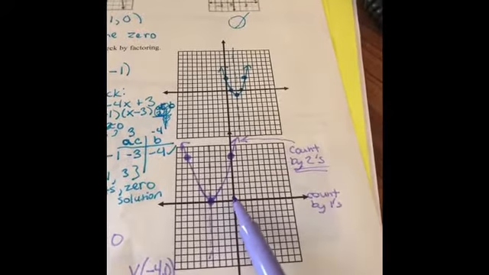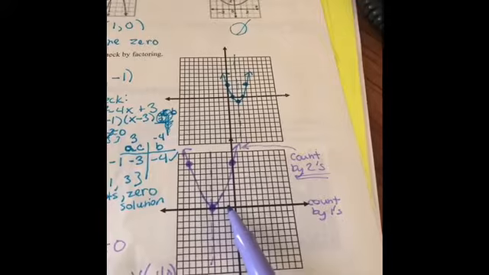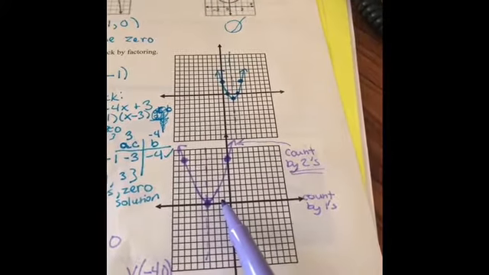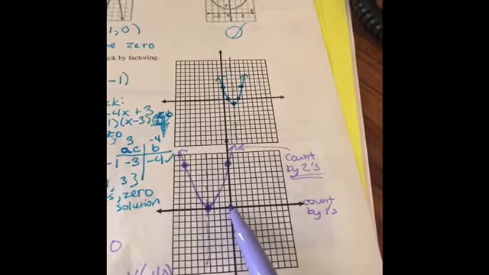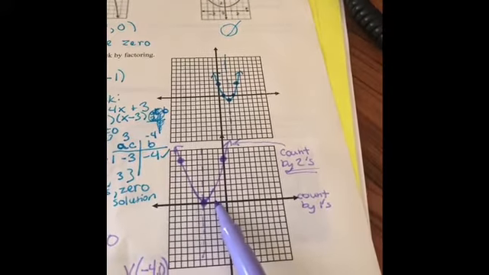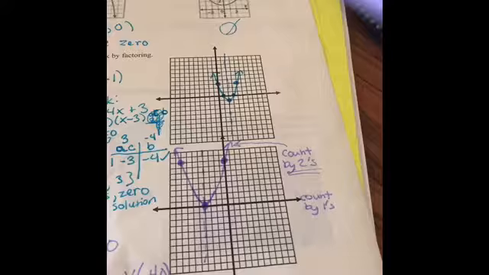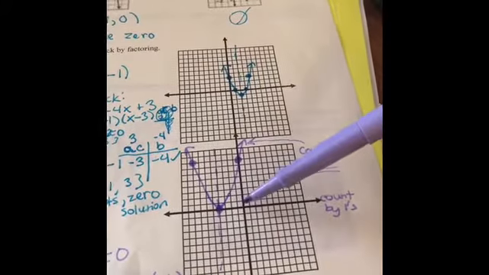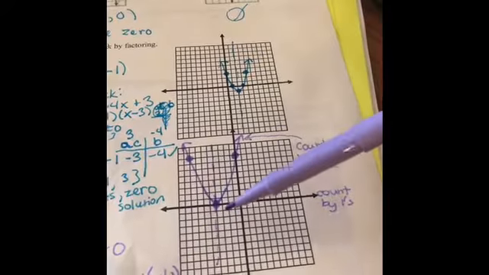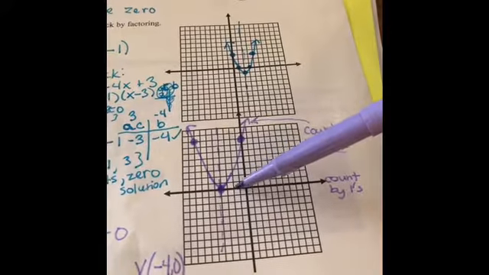But if you counted by 2s and did -2, no, I should have stuck with it. That would have been -2, -4. Yeah, I don't want to mess up my graph. Go back and change yours. So let's count by 2s. So if our vertex was at -4, 0, we would have done -2, -4.